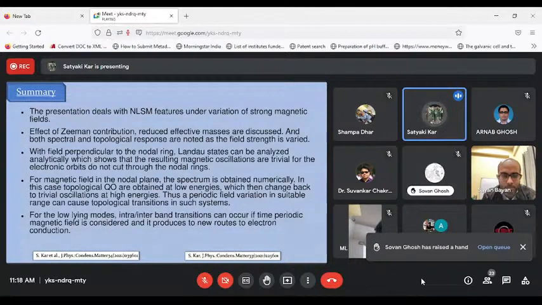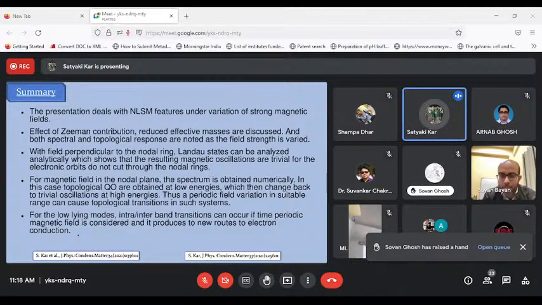In summary, we talked about nodal line semimetals and quantum oscillations, where we consider the variation of strong magnetic field. The two things we considered: when my field is perpendicular to the nodal plane, the magnetic oscillations are trivial, and the problem can be completely analyzed analytically. The other one is when the magnetic field is in the nodal plane.